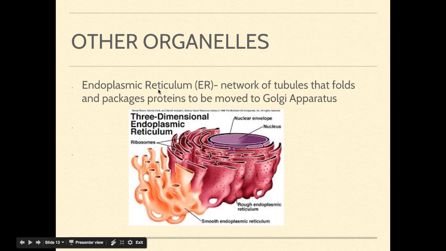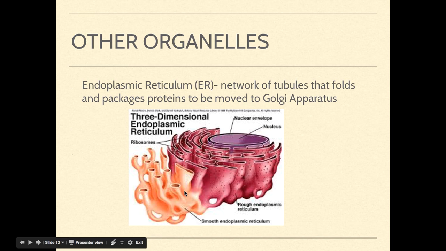The endoplasmic reticulum, or ER, if you just want to say that to be easier, this is always found connected to the nucleus. It's a network of tubes that fold, and sort of like the Golgi apparatus, it packages proteins, but this is like its first stop.